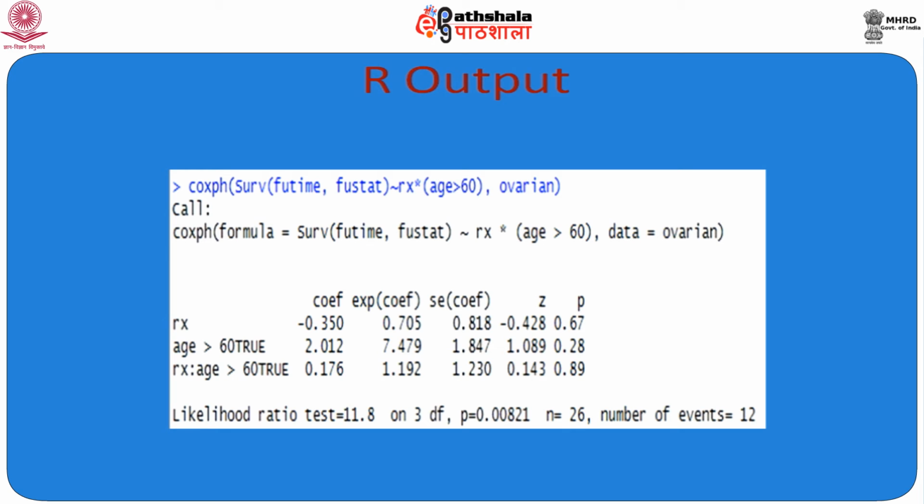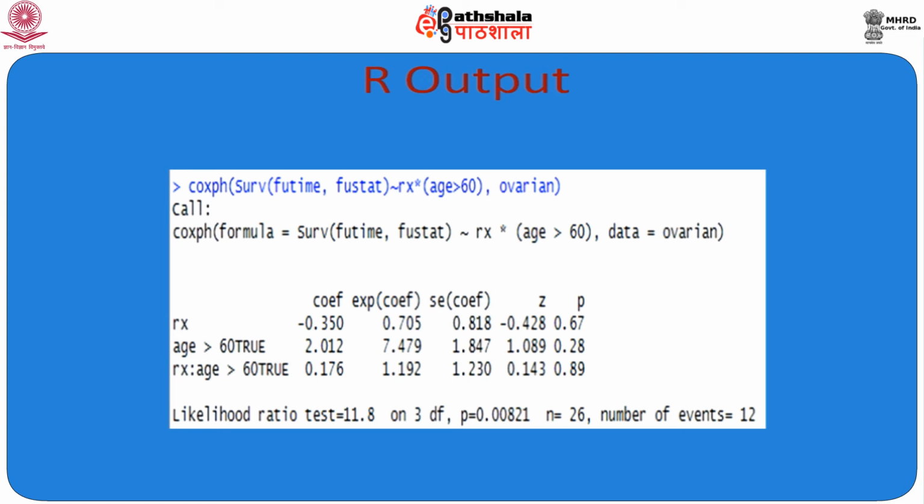So with reference to the first group, what is happening in the second group is given as Rx minus 0.35, and its exponential of coefficient is coming with 0.705, with standard error of coefficient 0.81 and p value 0.67.